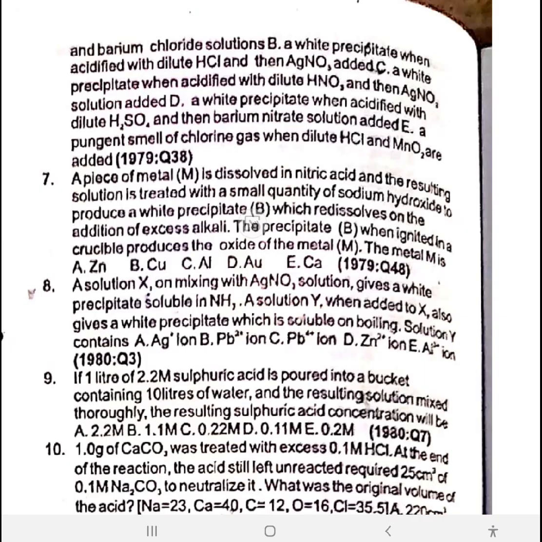So if you want to test for chloride, you first put acid. If you want to test for something in chemistry like this, I will use a pictorial example to make you understand. How do they take the test for chloride? How do you know that what is inside this container, this beaker or this flask, is chloride? The first thing you do is acidify it, meaning you add acid.